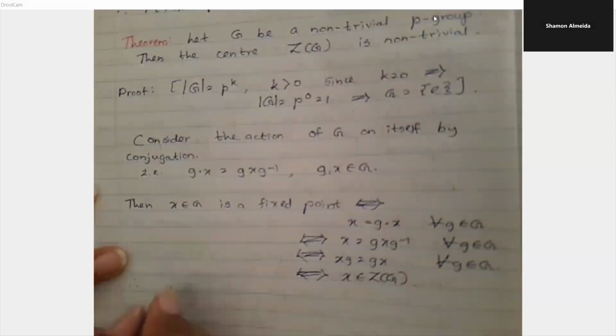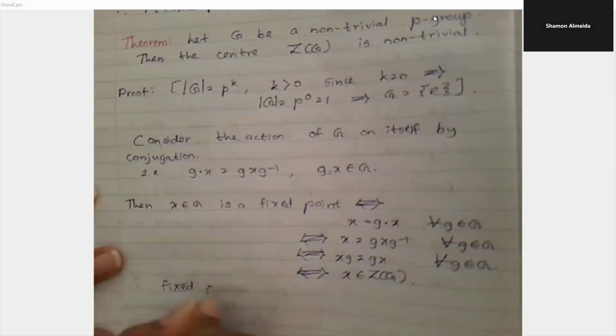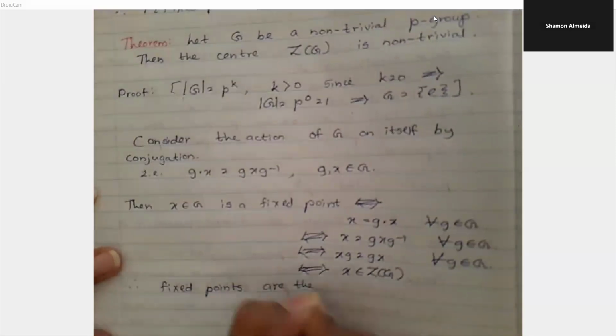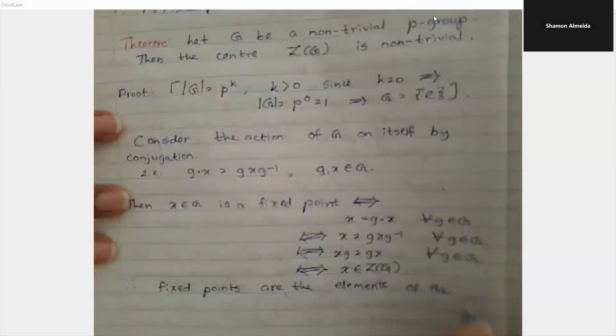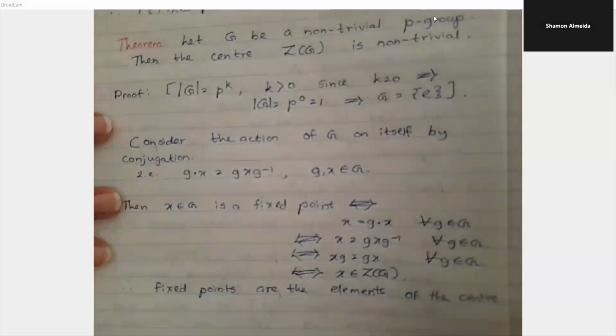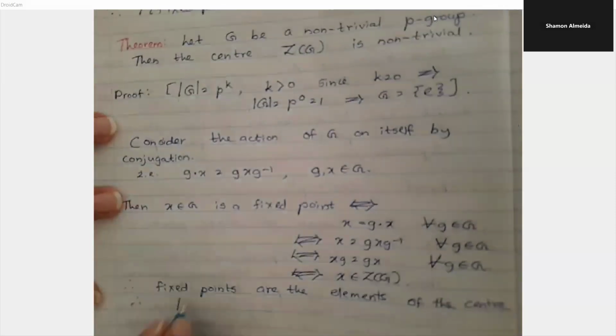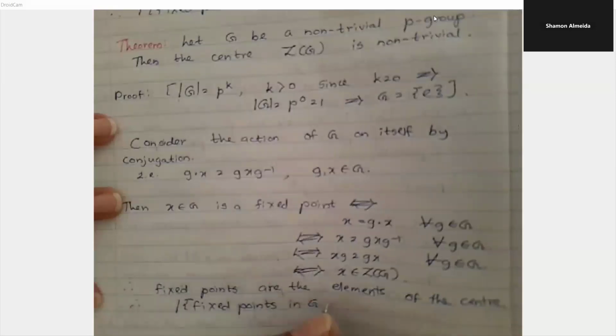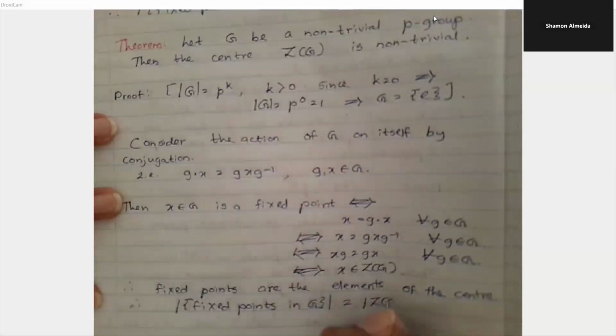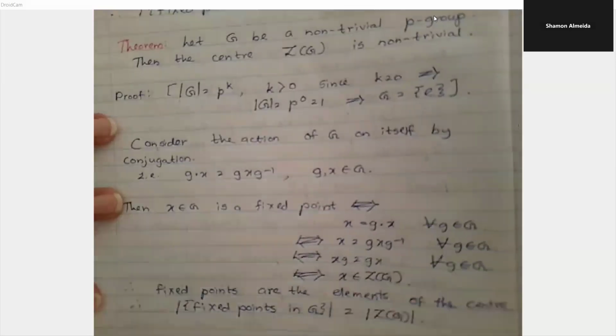Therefore, fixed points are the elements of the center. Therefore, the order of this set of fixed points in G, because our set G is acting on itself, is the order of G's center.